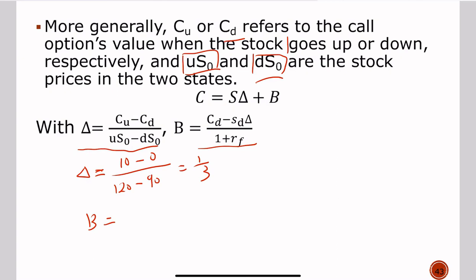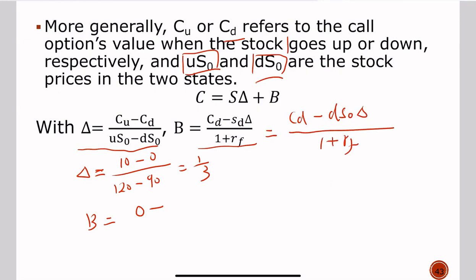So in this case, we know it's 0. And this is bad notation, I should not use SD here. So it's better to follow this notation, to make it consistent.